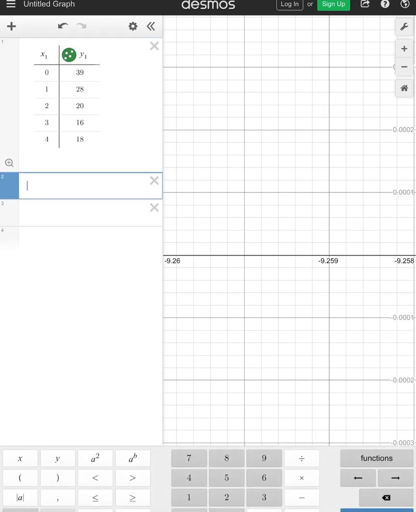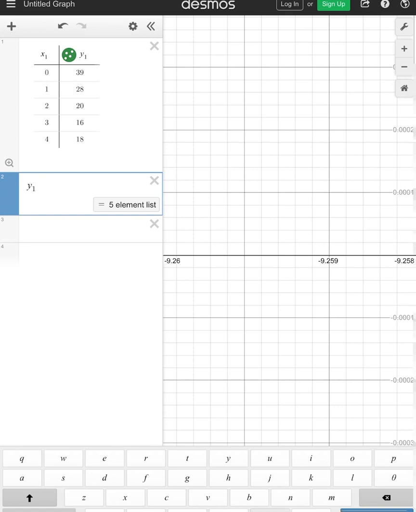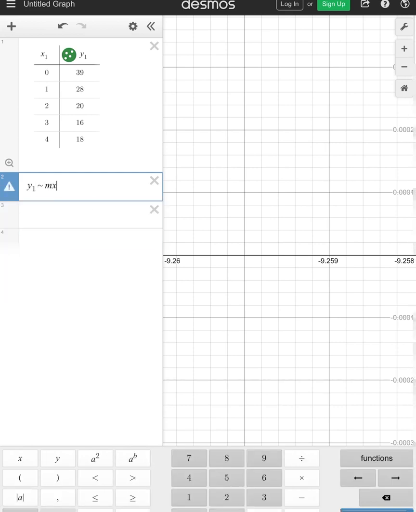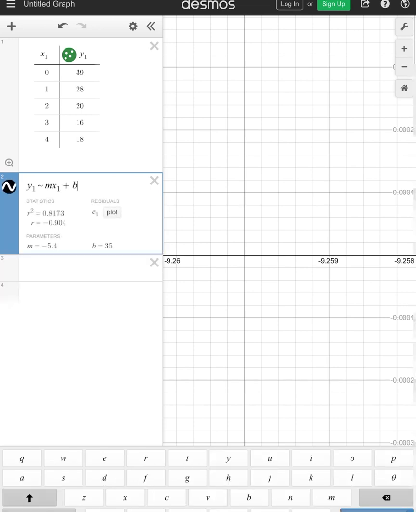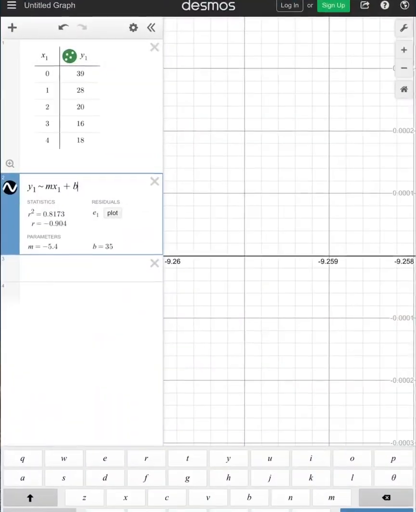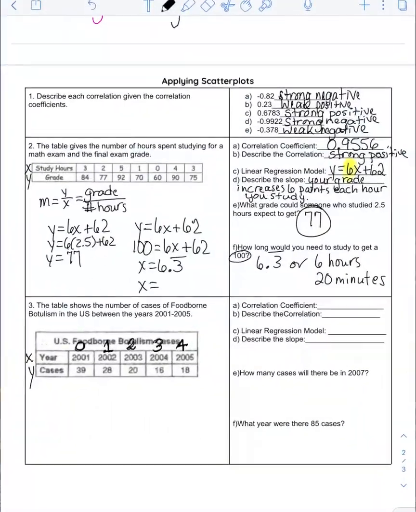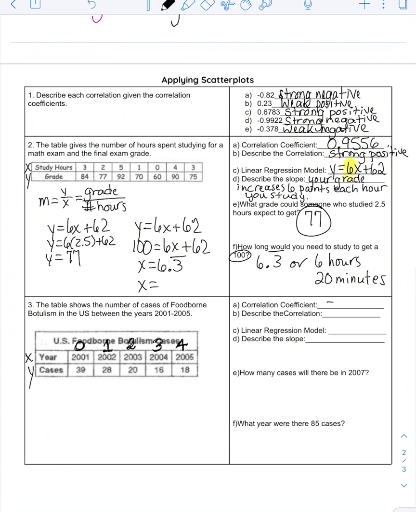And now I'm going to write my expression. So I have y1 tilde mx1 plus b. All right, so let's jot down our information. So my r, or my correlation coefficient, is negative 0.904.